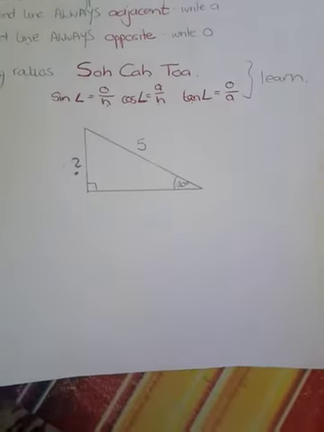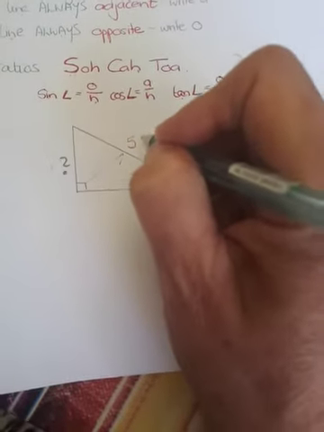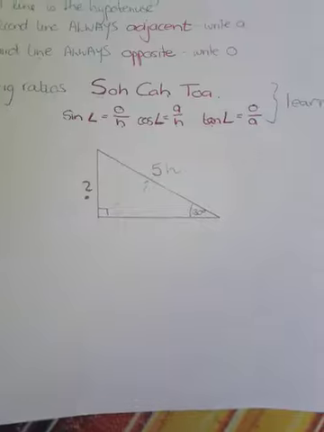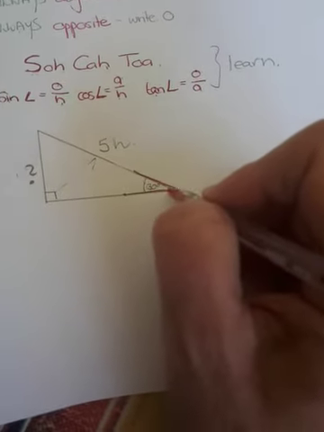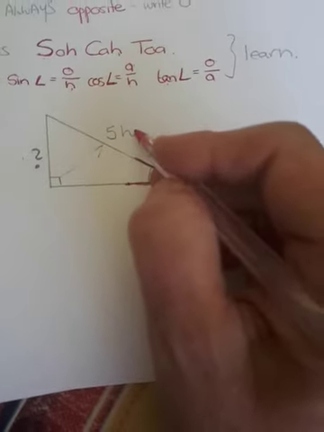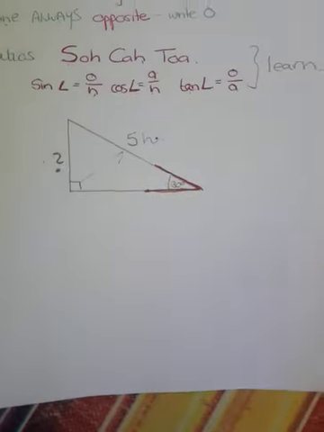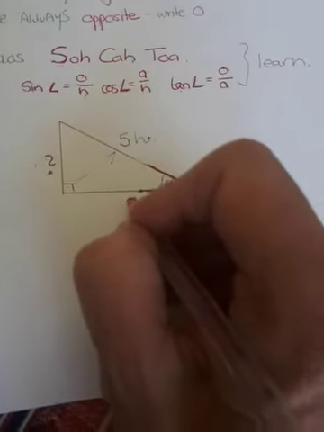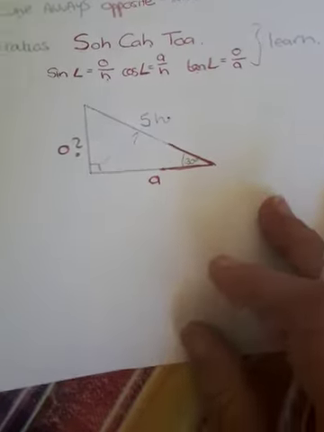Okay, remember, in step 1, we identify the hypotenuse. In step 2, we color the lines, one of which will always be the hypotenuse, which you have already identified. The other one will be the adjacent, and then the third side is the opposite side.